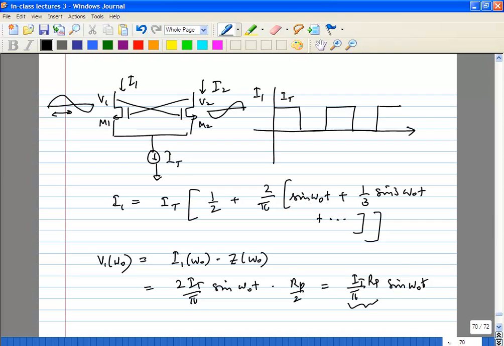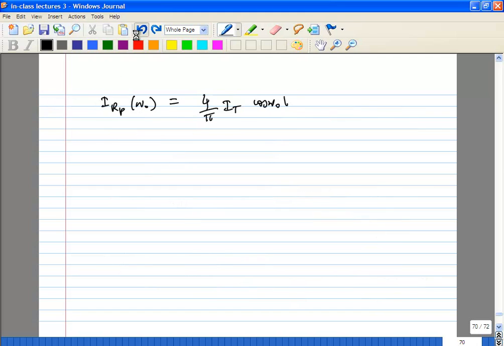Yeah, this is actually a cosine, not a sine. No, this is actually a sine, sorry. The other is a sine also, right? This is your fundamental.